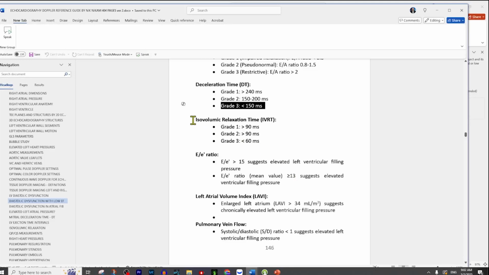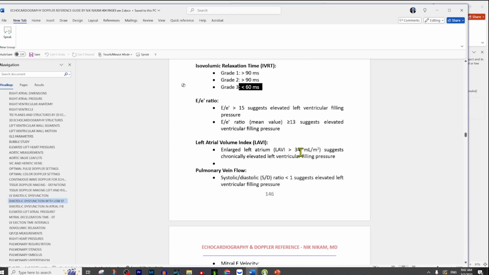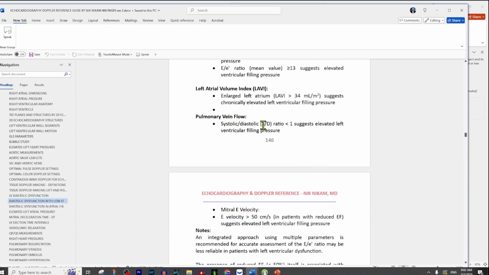Same thing with the IVRT, less than 60 milliseconds. IVRT is best measured with tissue Doppler at 100 centimeters per second speed. Then E to E prime ratio of greater than 15. We talked about left atrial size greater than 32 ml per meter square, and pulmonary flow reversal, systolic diastolic reversal.